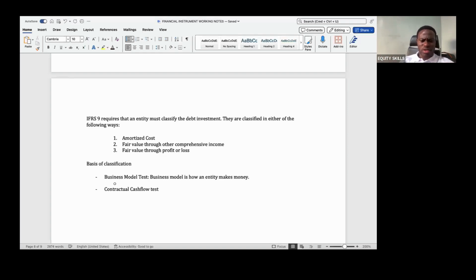So there are two ways to make money in debt investments. You can either make money from interest income and principal repayments, which is how most debts will make money.